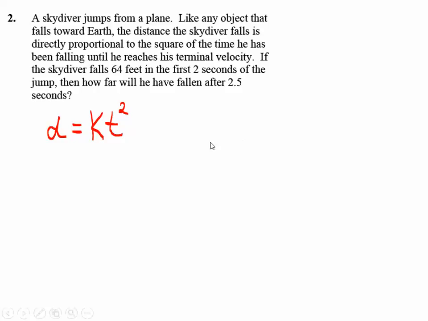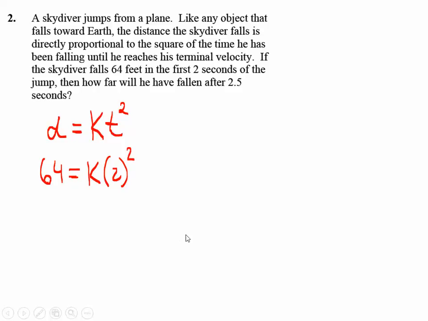All right, so first step, we got to figure out the k value for this particular problem. So if the skydiver falls 64 feet in the first 2 seconds, that means the distance is going to be 64 feet, and the time is going to be 2 seconds to make that happen.